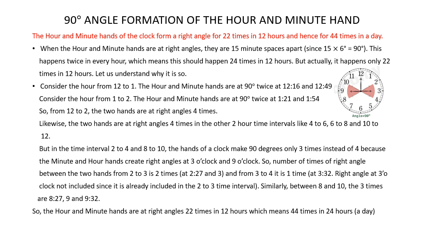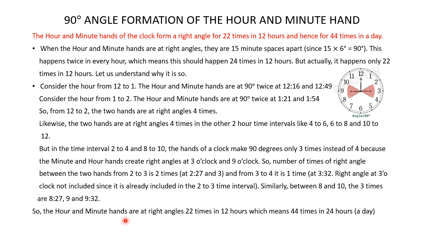So in the 2-hour time interval from 8 to 10, the two hands of the clock are at right angles 3 times, not 4 times. So in a 12-hour span, the two hands of the clock are at right angles not 24 times but 2 times less, that is 22 times.